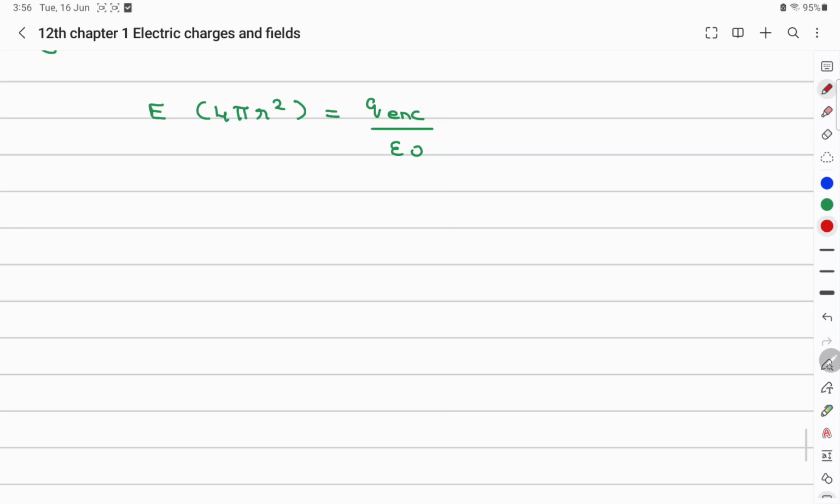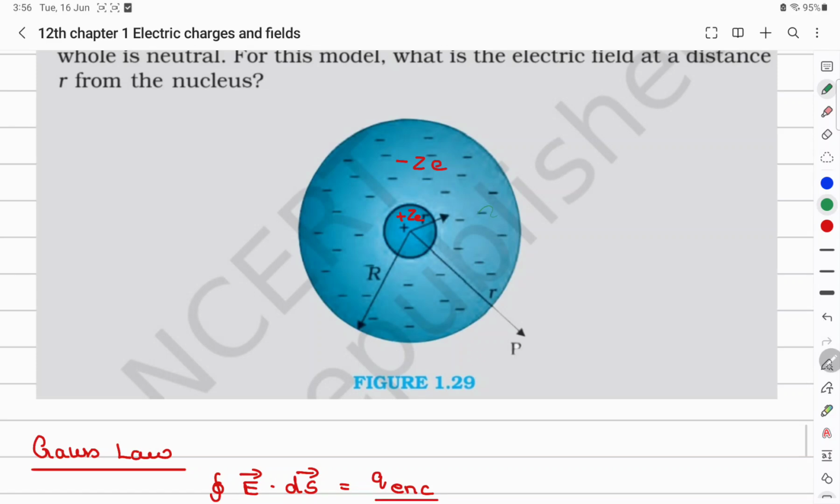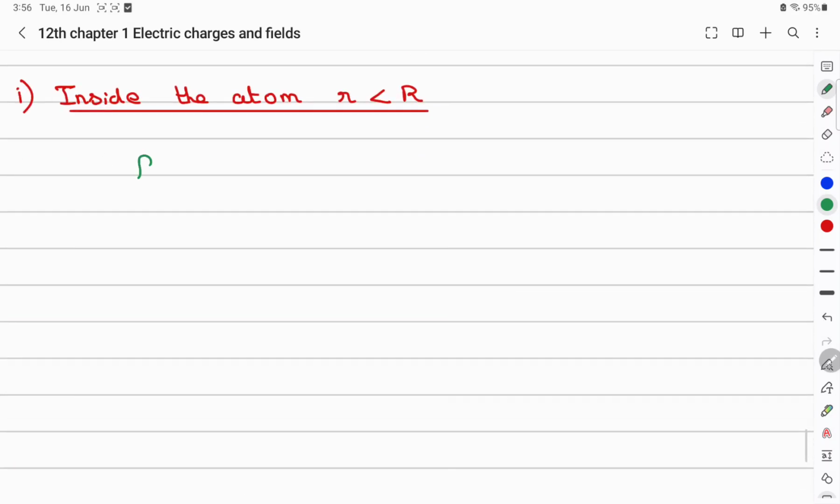So first we solve for inside the atom, that means r which is lesser than R. In this Gaussian surface, which contains the positive nucleus and negative charge, the volume charge density rho is equal to dq by dV, which can be represented as minus Ze by the volume, 4 by 3 pi R cube.